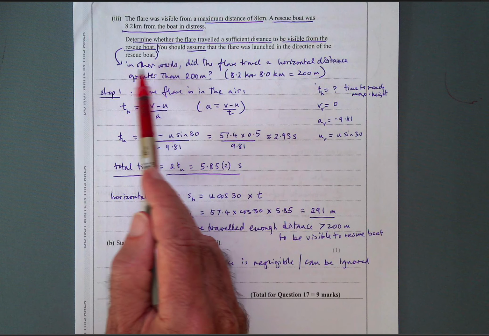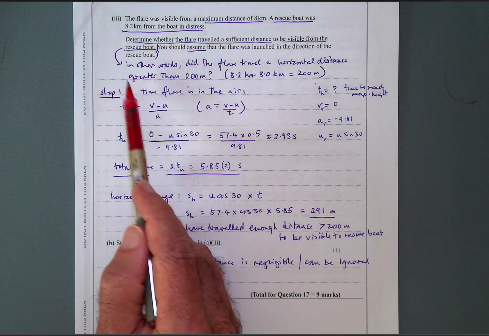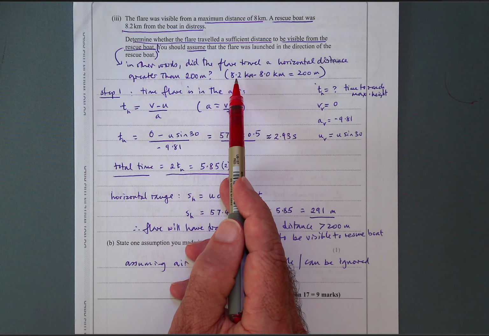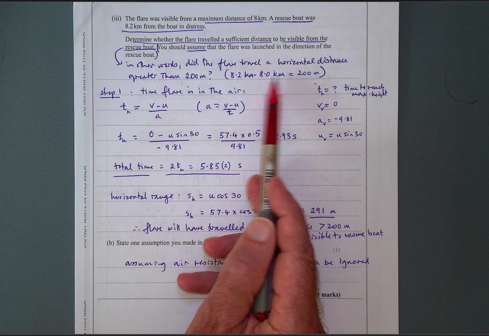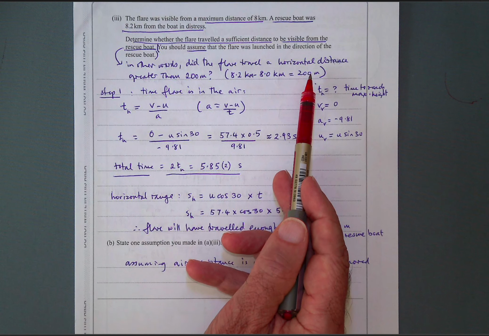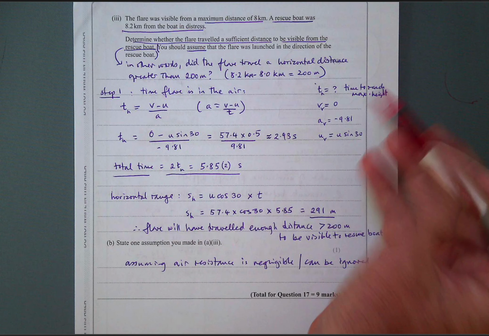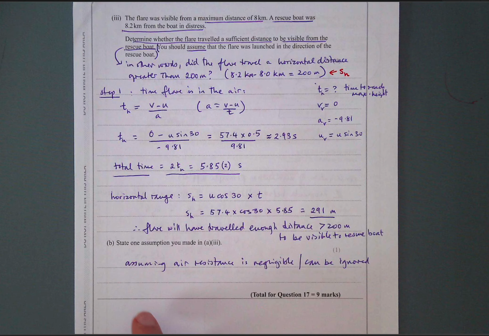In other words, did the flare travel a horizontal distance sufficiently? That means greater than 200 meters, because it's currently 8.2 kilometers from the boat. If it travels 200, then it will reach the 8 kilometers, which will make it visible to the rescue boat. So we want to know if the horizontal distance traveled is going to be approximately 200 meters or more.